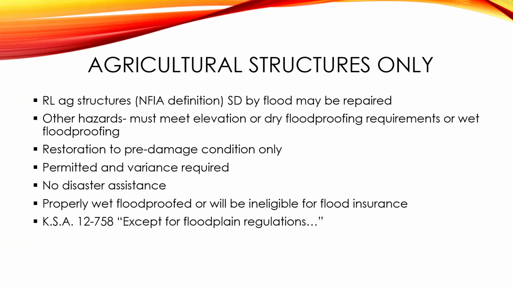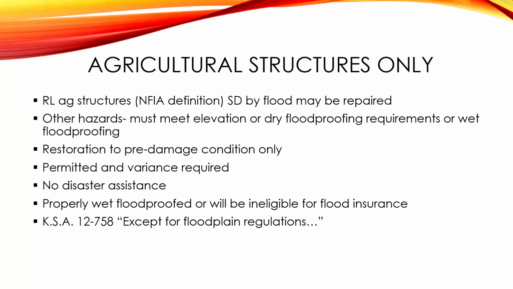Other hazards, they have to meet elevation or dry floodproofing requirements, or wet floodproofing if it's approved. Then you would be restoring it just to its pre-damage condition. You would still need the permit and the variance. It's not eligible for disaster assistance. And so that's why we try to encourage the low investment.